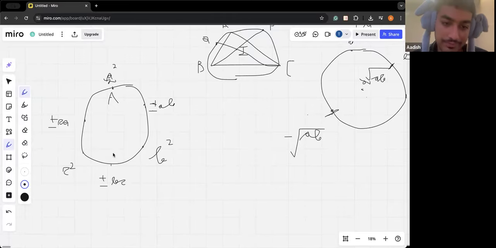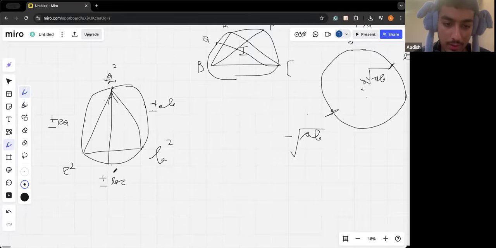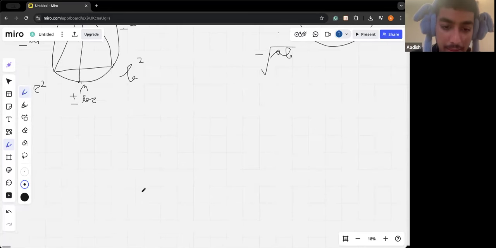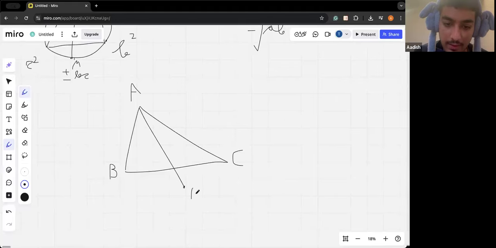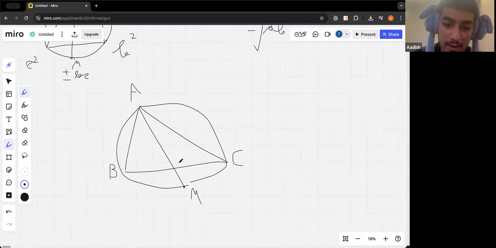Let me just quickly provide a proof. Let's get a better diagram. Oh, why am I using the trackpad to write? That's suboptimal. Oh no, the mouse is even more suboptimal. Okay, so we have A, B, C, M, and N right here.